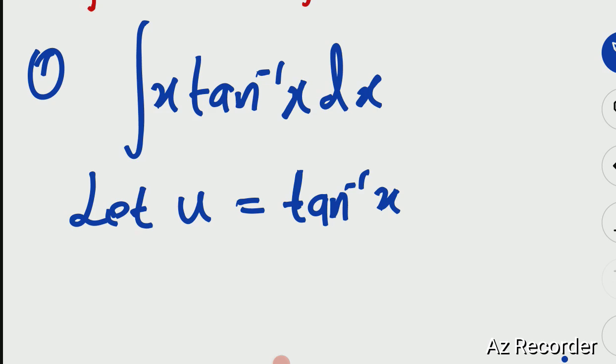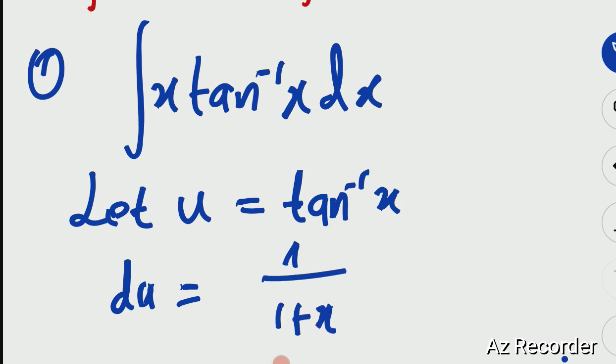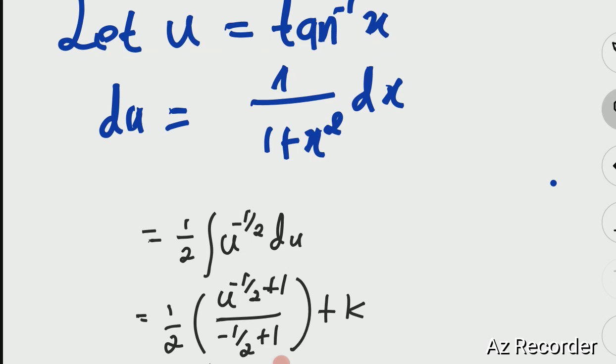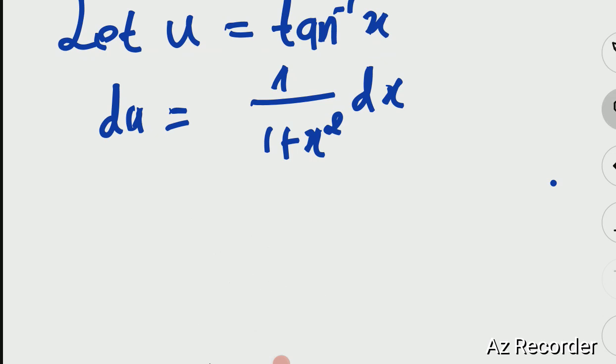So that's it. From there, differentiating that, we have du equals 1 over 1 plus x squared with respect to dx. Next, we also have dv.